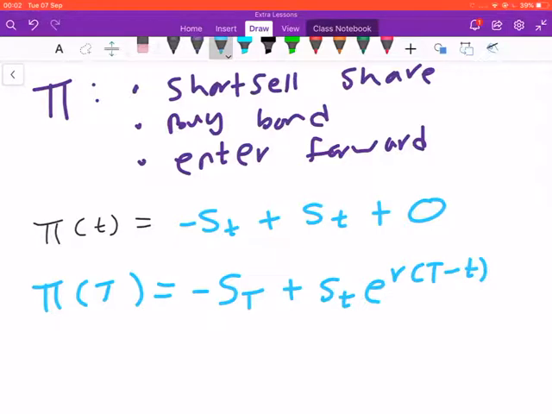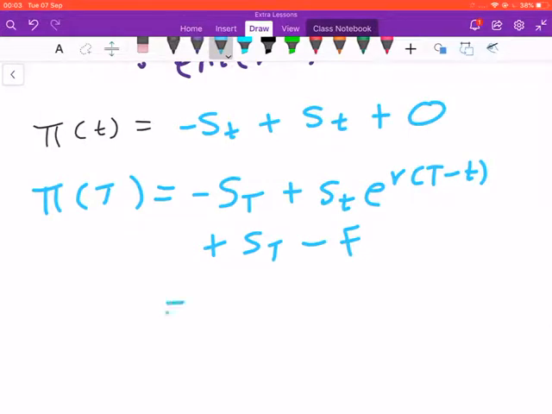And the forward, like you have now entered a forward contract, what's going to happen is that you're going to receive the asset, which is ST, and you will pay the delivery price, which is F. And this is going to be equal to ST e^(rT) minus F.